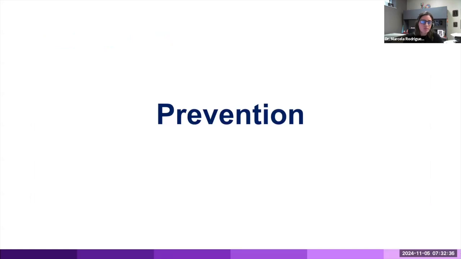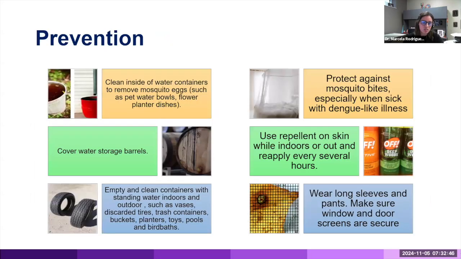So a little bit about prevention. Prevention of dengue is very important, and when we have travel clinic, we talk a lot about how to prevent infections such as dengue or chikungunya or other things. Mostly we have to tell them how to prevent mosquito bites and how to prevent the breeding of mosquitoes.